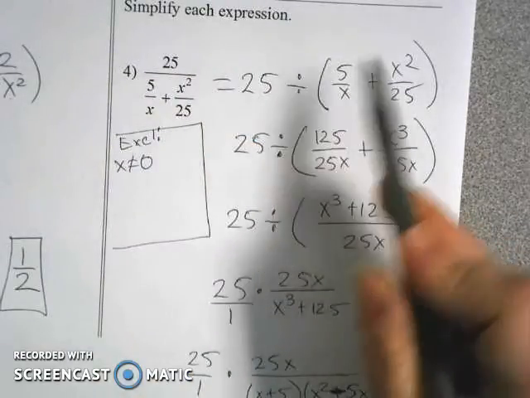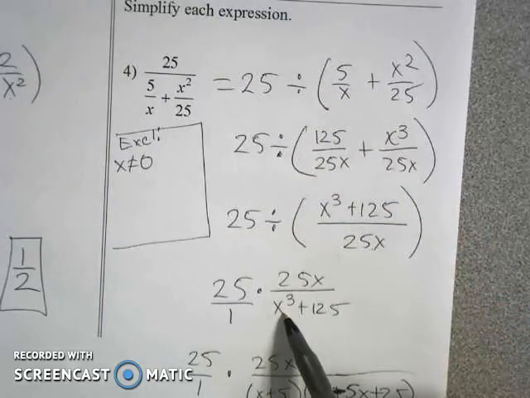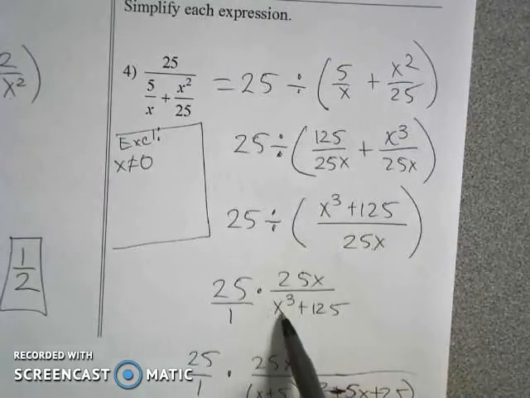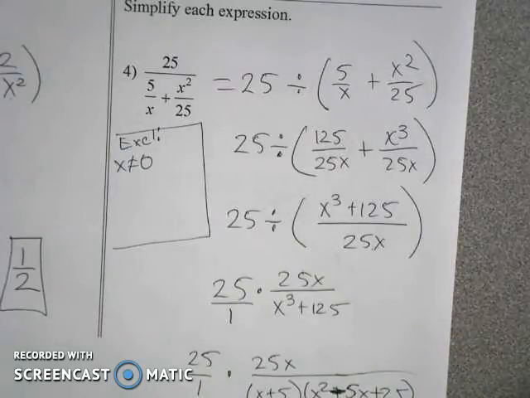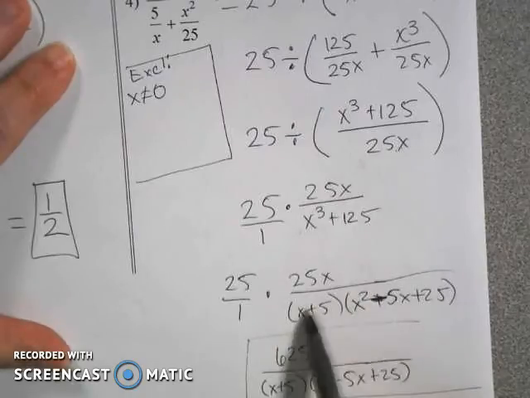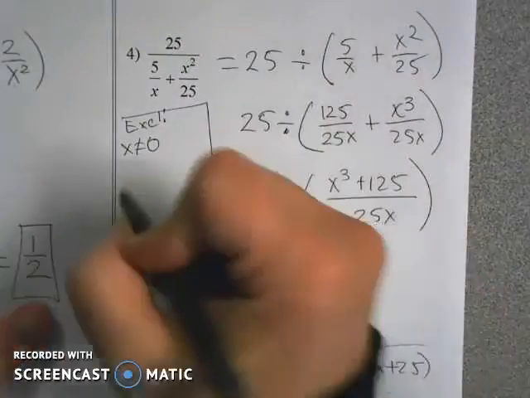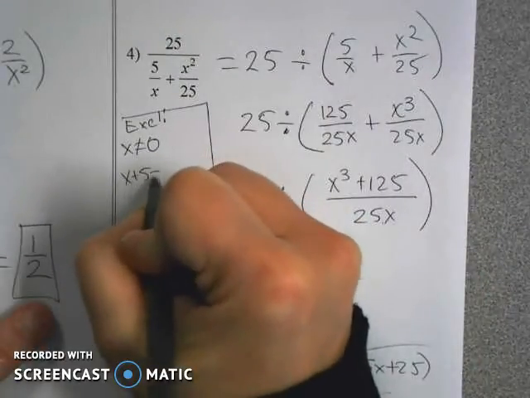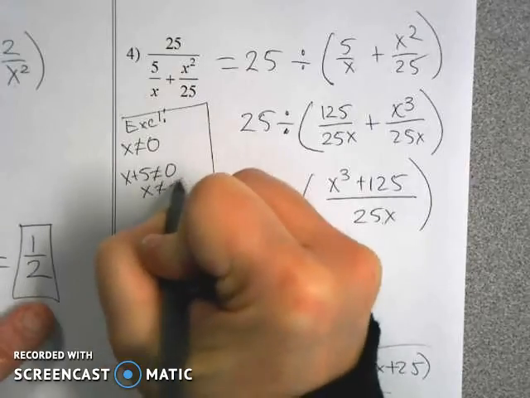And then I'm going to check to see what happens when we get to our division problem. We have another expression with a variable in it, and we will need to factor that out, which means that these are the two factors that cannot equal 0. So that means x plus 5 can't equal 0. So in this case, x cannot equal -5.